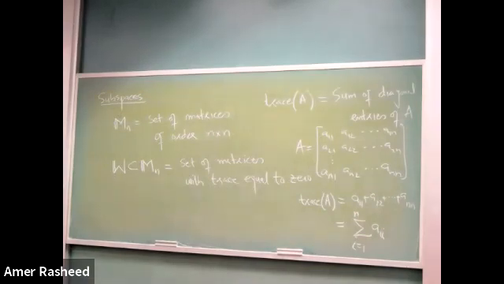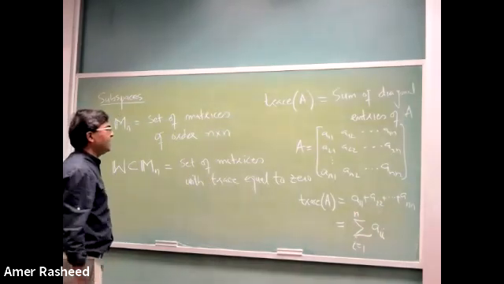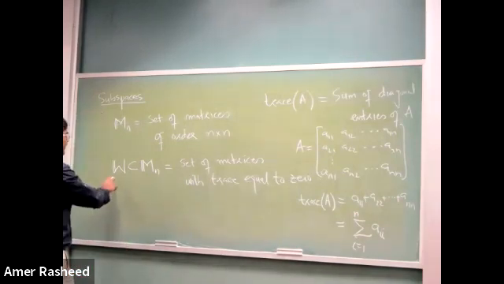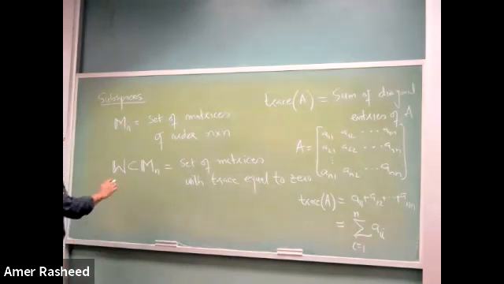I hope you understand. If you have any question, you can ask. Now, in order to prove whether this set W is a subspace of Mn, we have to prove two properties. The first one is closure under addition.